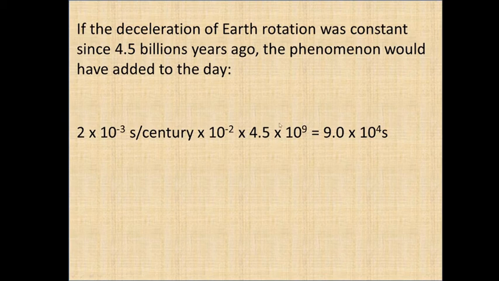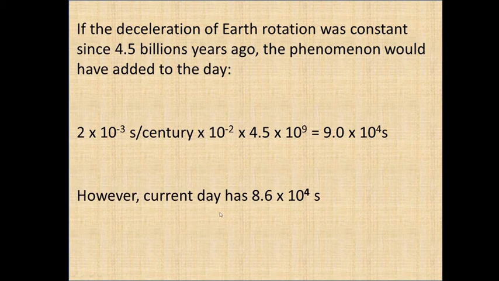So if we multiply the increasing of the day per year times the number of years, we get 9.0 times 10 to the power of 4 seconds, which means 90,000 seconds.